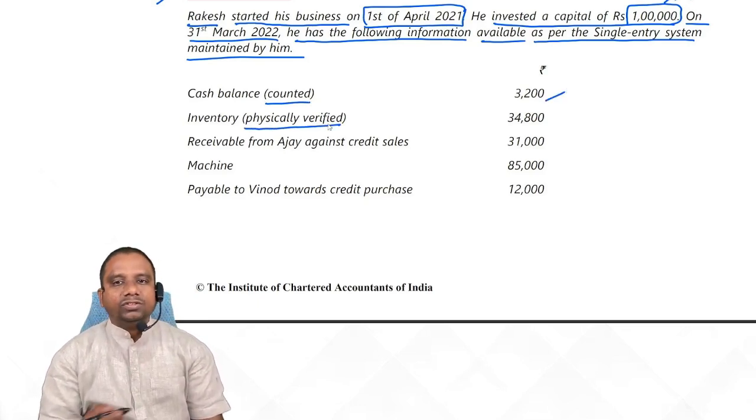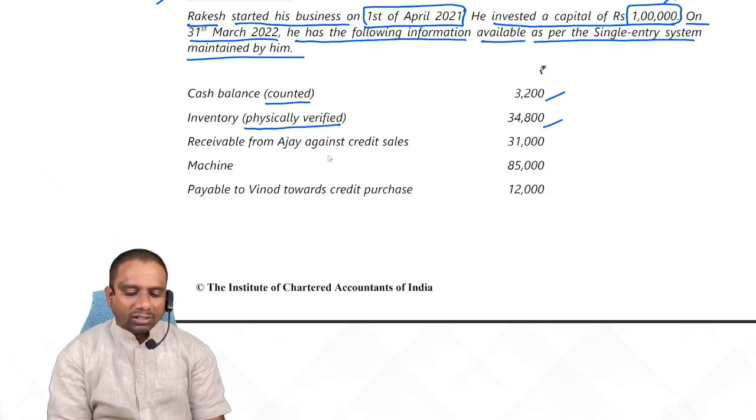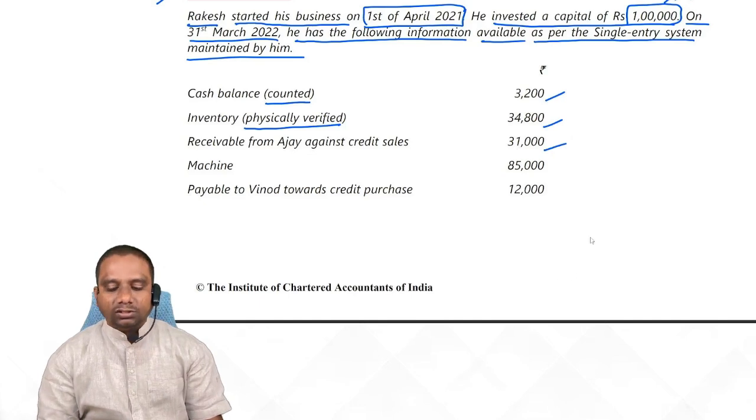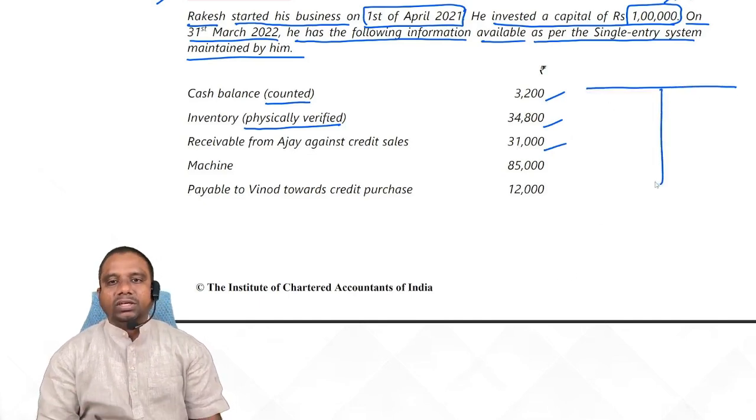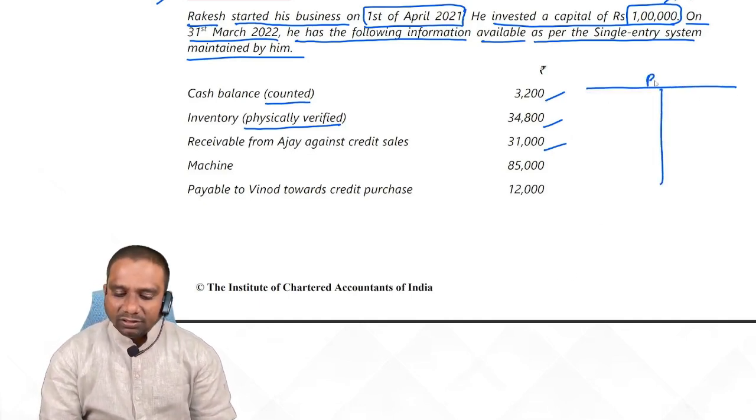Inventory, this is also physically verified. We have 34,800. Receivable from Ajay against credit sales 31,000, nothing but debtors. So here you can prepare the balance sheet easily.